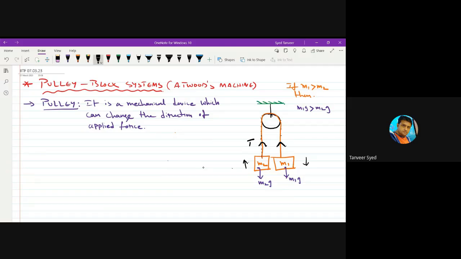We studied strings and tension in a string. This string is inextensible and massless. That means it cannot stretch, it cannot elongate. If it cannot elongate, they should have the same acceleration.